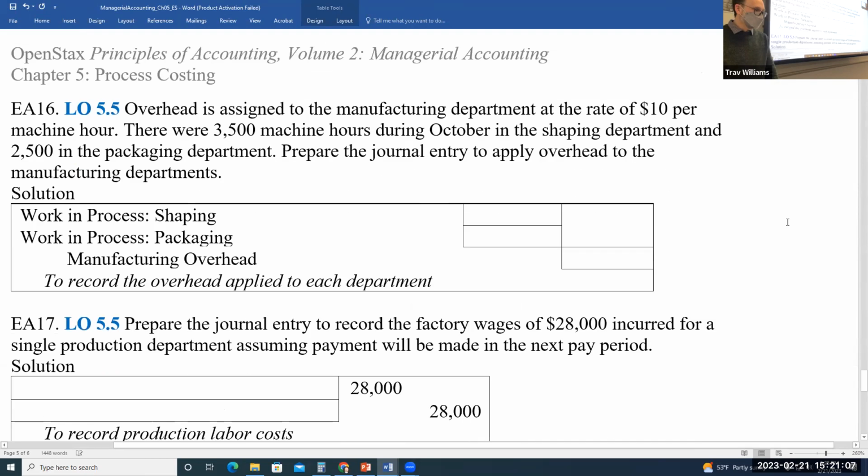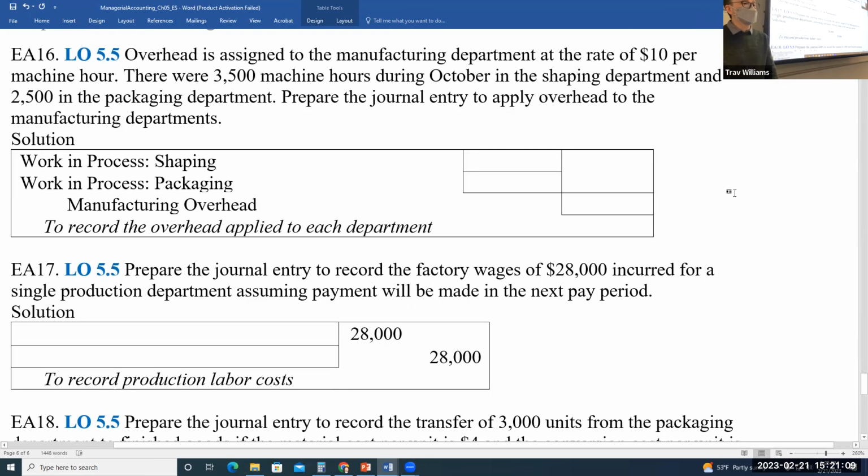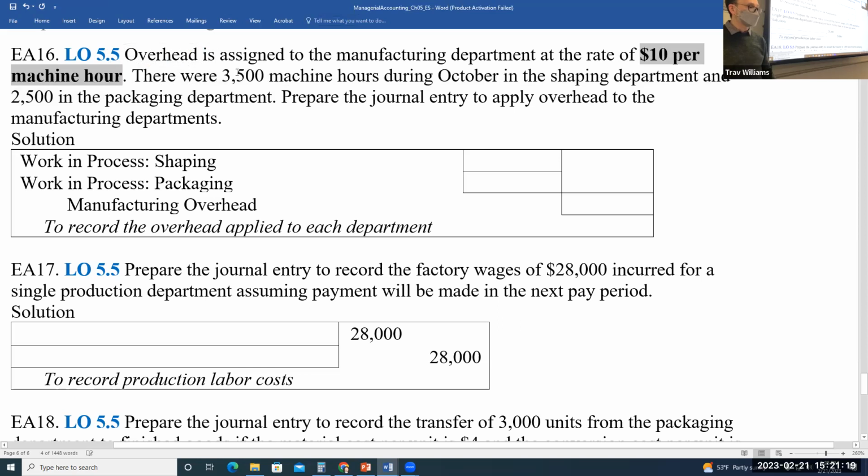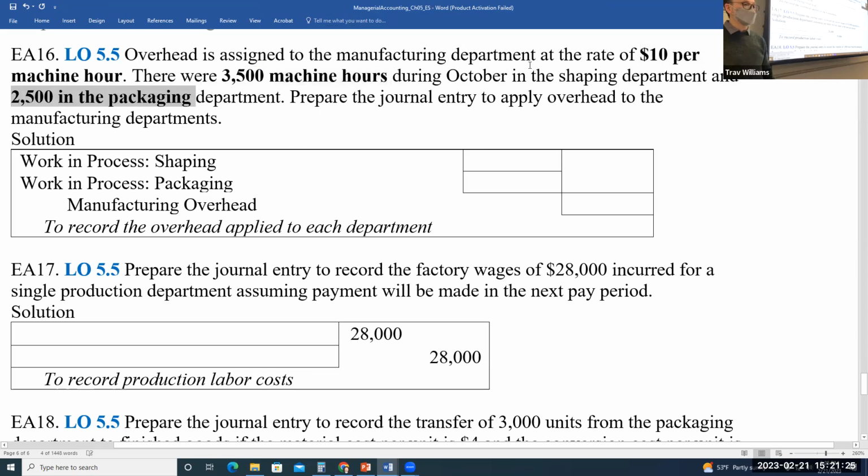So number 16. Okay, so the company applies overhead at a rate of $10 per machine hour. There were 3,500 machine hours in October in the shaping department, 2,500 in packaging.